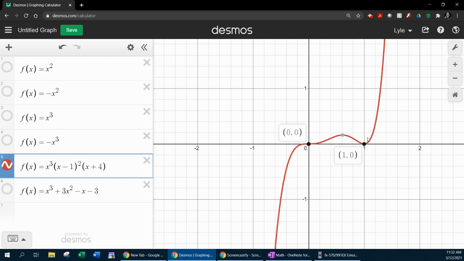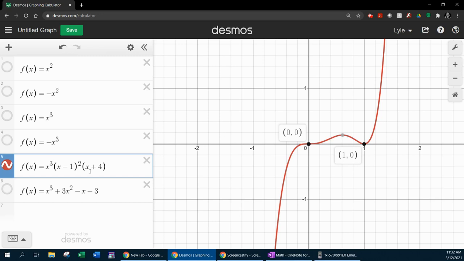It bounces off. It does like a ricochet. It comes in, bam, touch and turn. It doesn't cross over into the negative side. So again, an odd multiplicity does a touch and cross, but an even multiplicity does a touch and turn. It just touches the x-axis and turns right around.